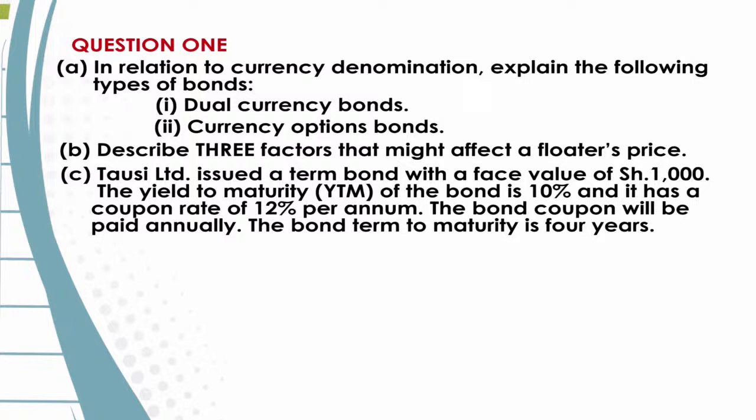The bond coupon will be paid annually, so that is the period, yearly. The bond term to maturity is 4 years.